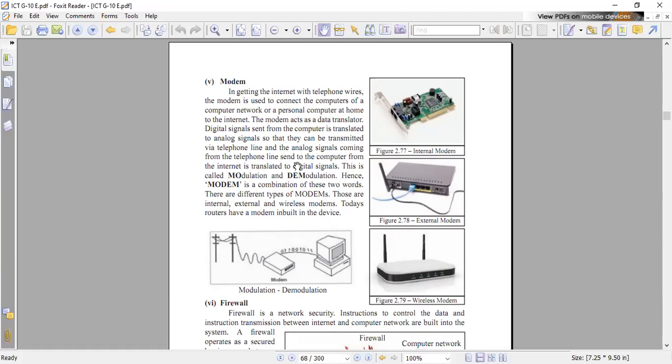Modem is used to translate or convert analog signal to digital signal and digital signal to analog signal.